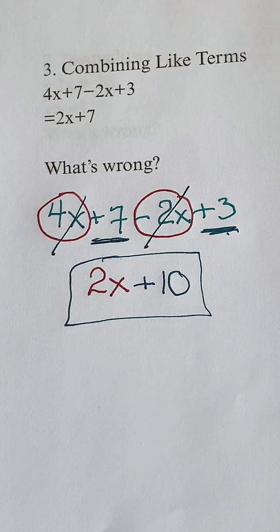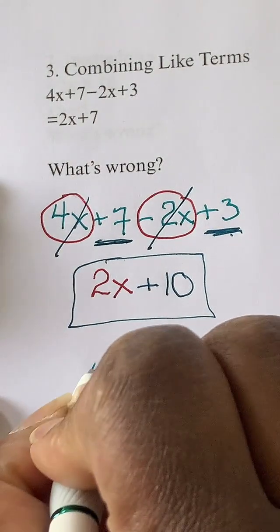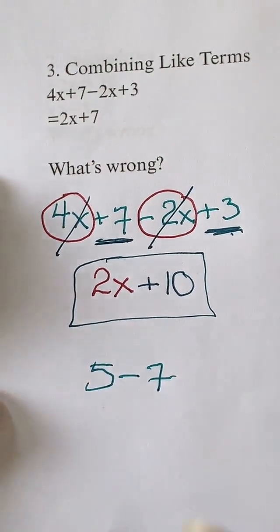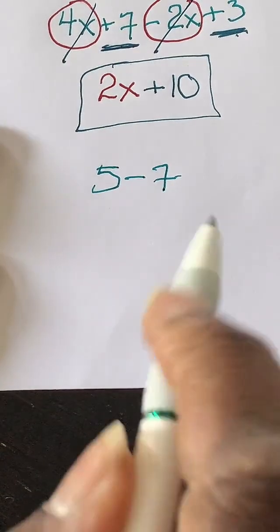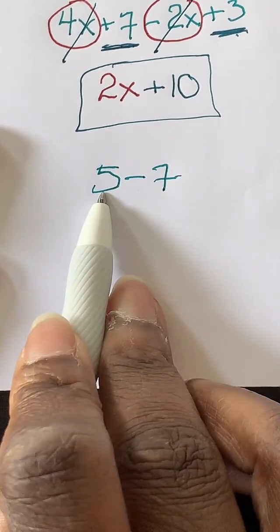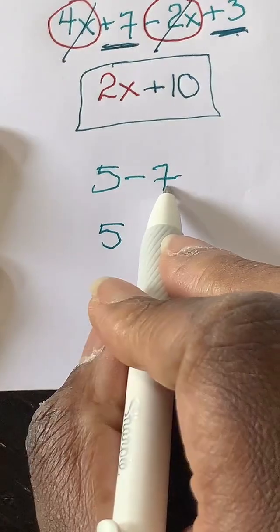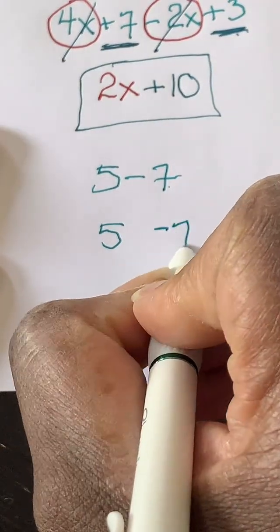Between the minus and negative, it's the same. It really is the same. So if you're going to have your 5 minus 7, remember your signage for a number is always to the left of the number. So this 5 is a positive 5. This 7 is a negative 7.